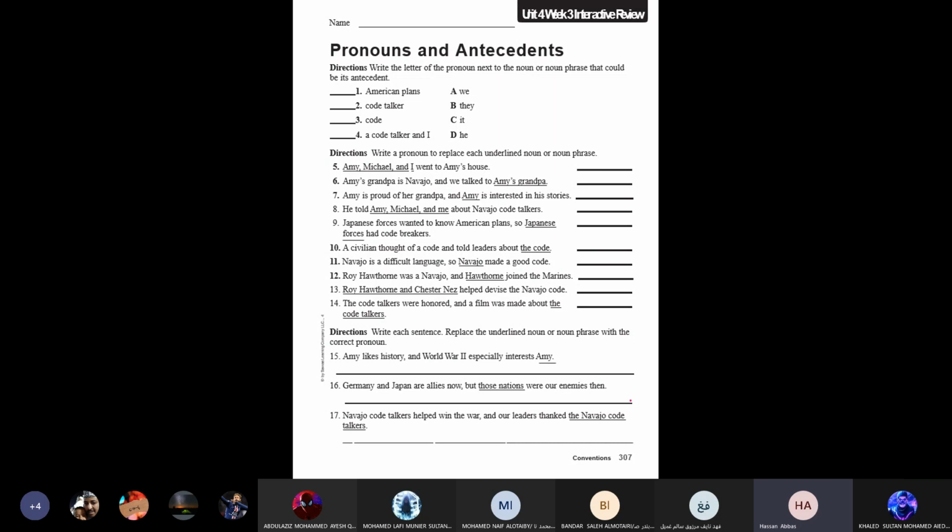Okay. So write it, and you can make a slash like that and write he here. Yes, exactly. Very good. You can draw a slash and write he if you feel confused, because you can use he and you can use it. But as I told you before, if you can't decide the gender of the noun, whether it's male or female, use it. If you know it's male, use he. If you know it's female, use she.